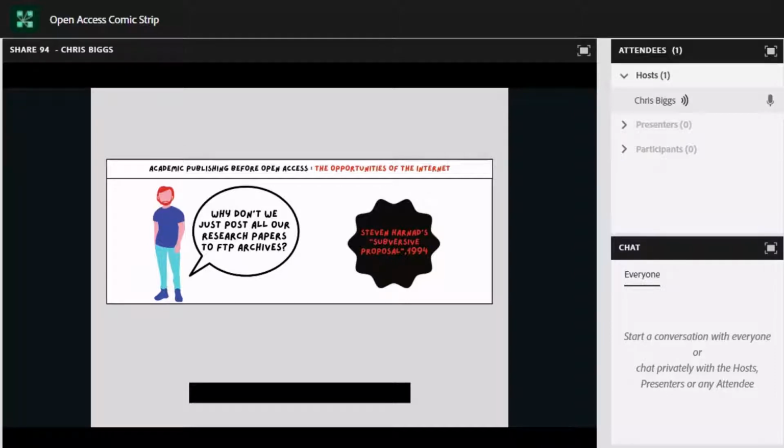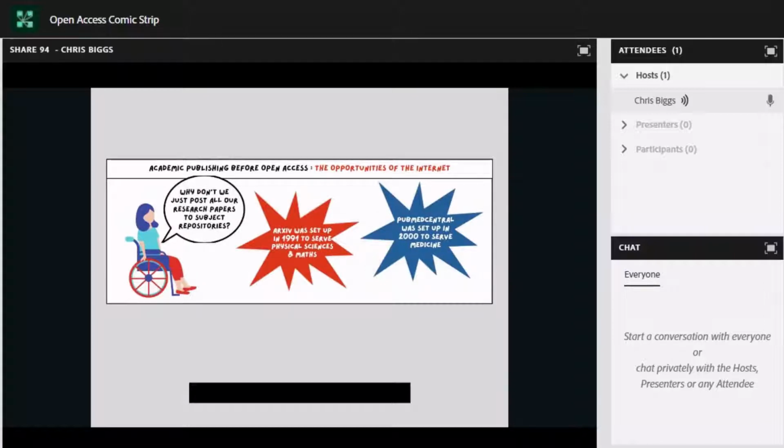In 1994, Stephen Harnad, a cognitive scientist and one of the first open access advocates, suggested his subversive proposal. He suggested scientists use a file transfer protocol to share their research findings. In the 1990s, subject repositories were established, most notably arXiv and PubMed Central. These repositories hosted versions of papers in physics and medicine respectively on a free-to-read basis.